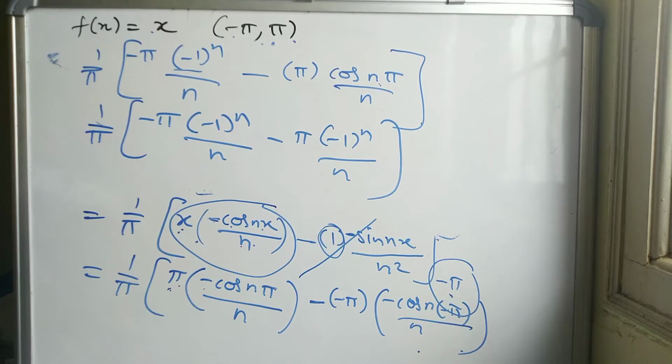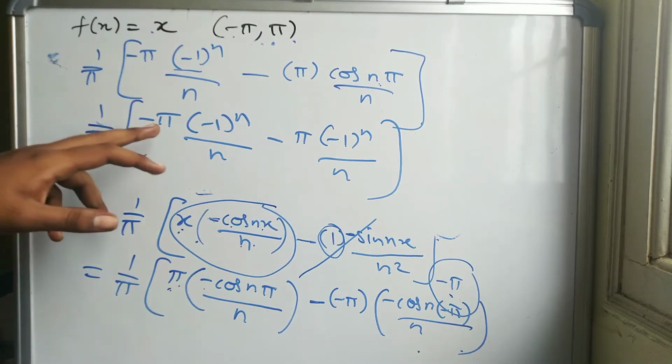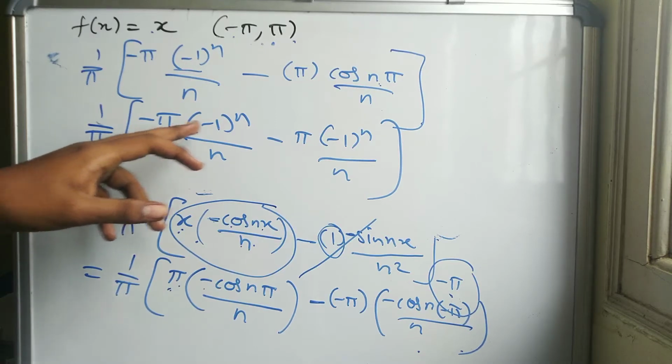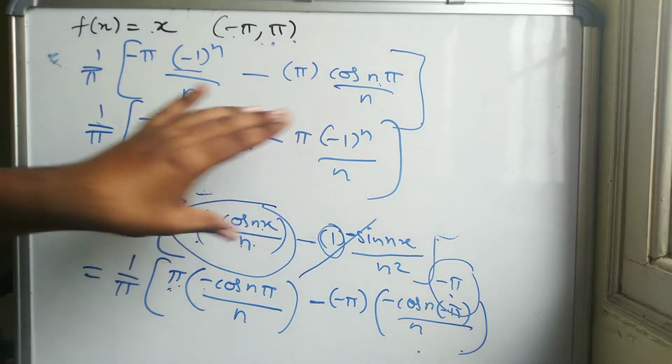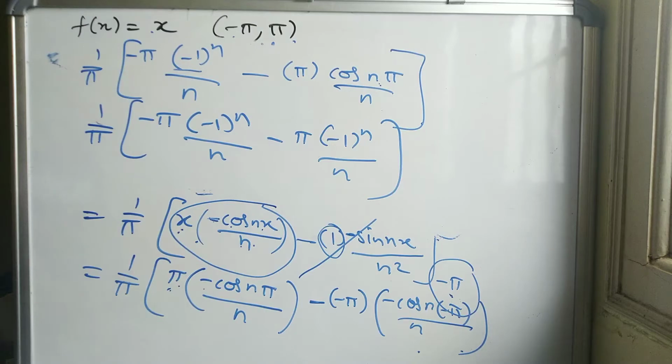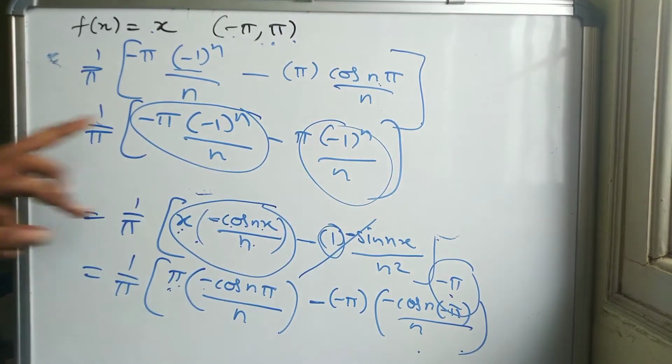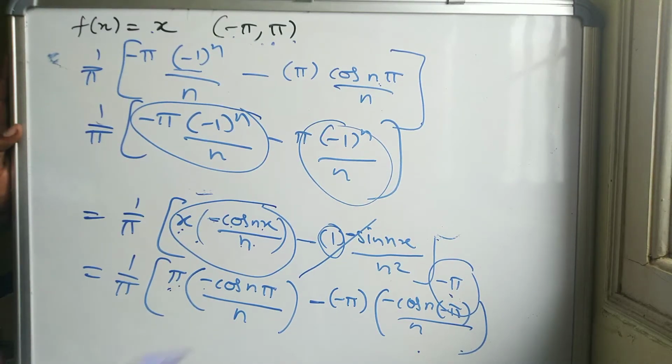Observe here, minus pi minus 1 raised to n, all these things are common here. This is the same as this, minus sign is there. So this becomes what?